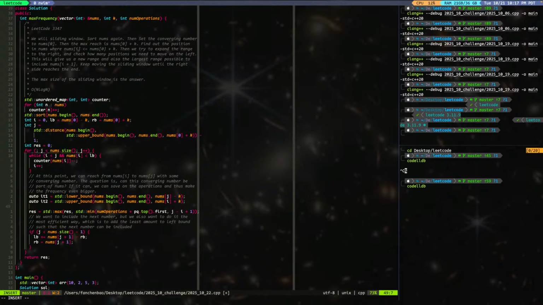So what we need to do is go through this range, and then find the max frequency.